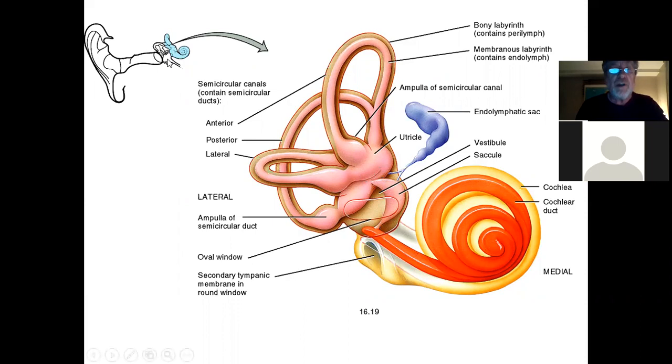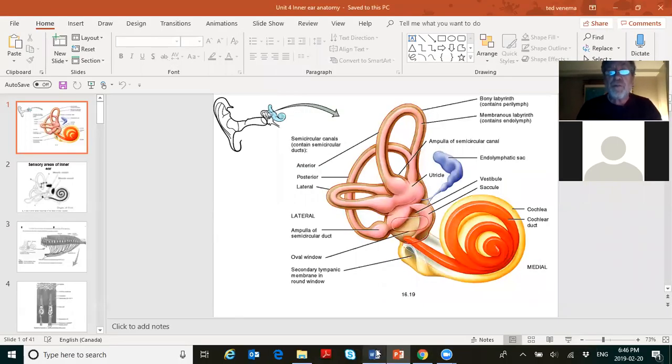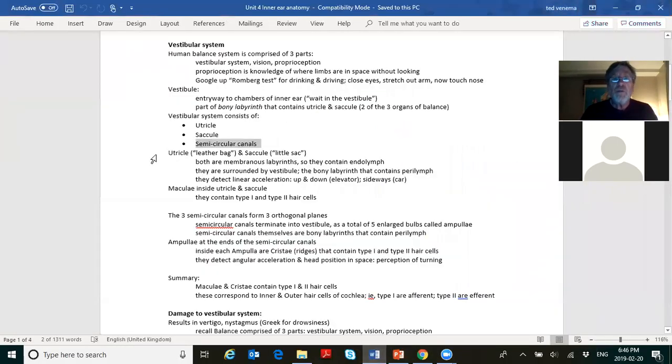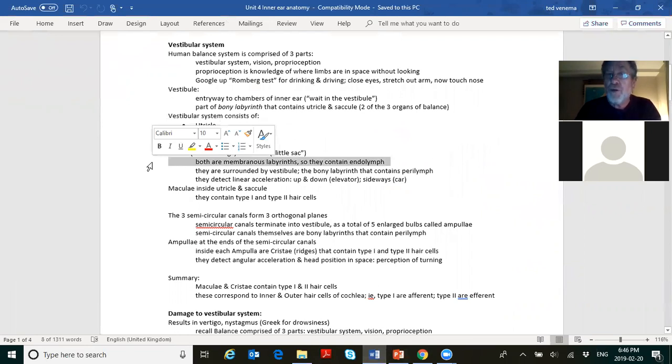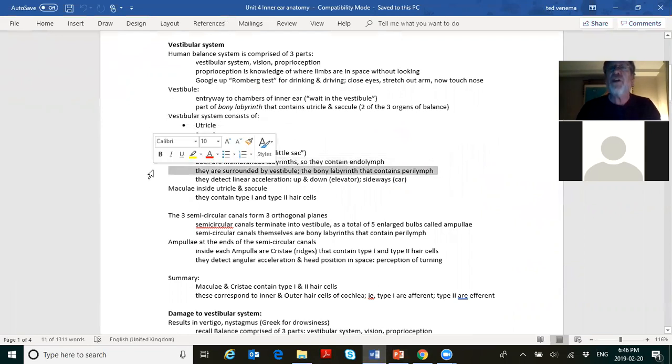So let's look at linear acceleration. Utricle, leather bag, saccule, little sac, both are membranous labyrinths, so they contain endolymph. They are surrounded by the vestibule, the bony labyrinth that contains perilymph. Look at it here.